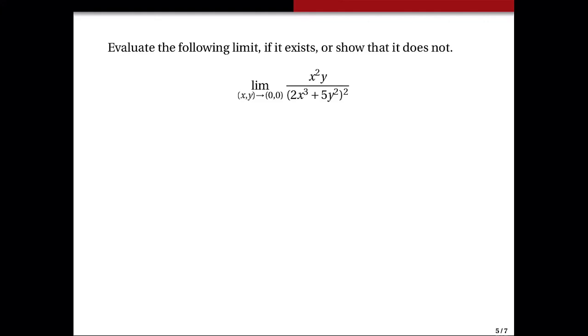But what do you think? Exists, does not exist? Some said it exists, some said find curves.